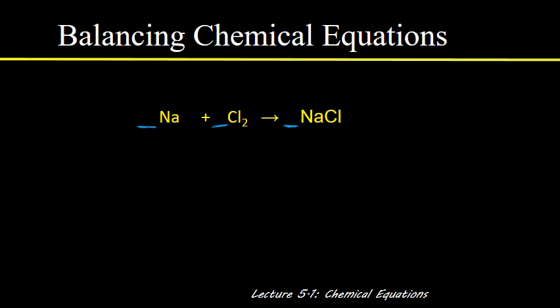There are subscripts, and the subscripts tell you how many of each atom are in the molecule. So these basically describe what the molecules look like. So that Cl2 means that this chlorine exists in little bundles of 2, right? That the chlorine is diatomic.